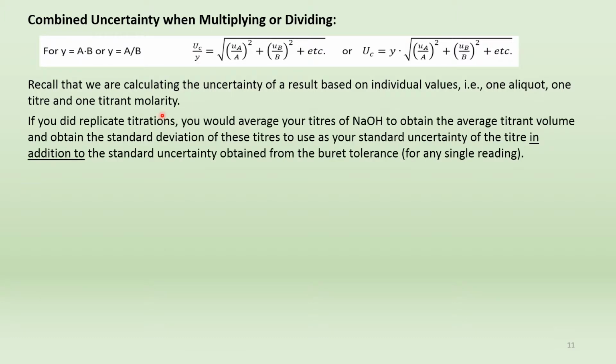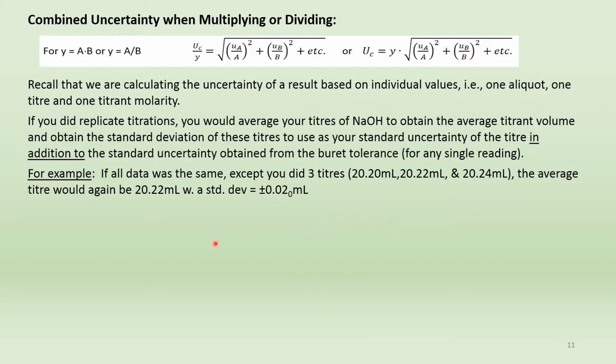If you did replicate titrations, as you normally would and should, you would average your titers of sodium hydroxide to obtain an average titrant volume, and from these you could obtain a standard deviation of these titers, and you would use that as the standard uncertainty of the titer in addition to the standard uncertainty already obtained for the sodium hydroxide based on the burette tolerance for any single reading.